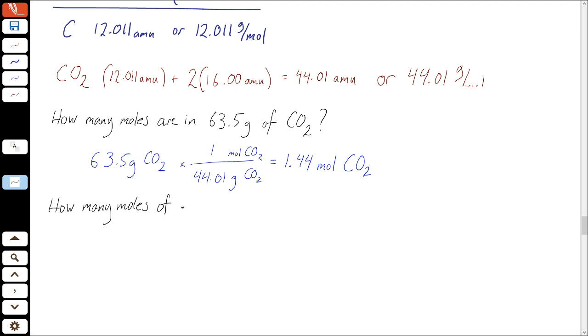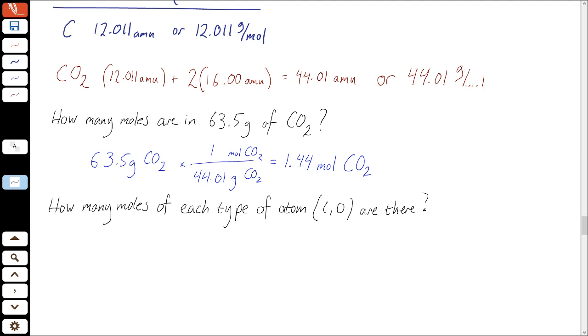How many moles of each type of atom, so we've got C and O in CO2, how many moles of each type of atom are there here? How do we figure that out?